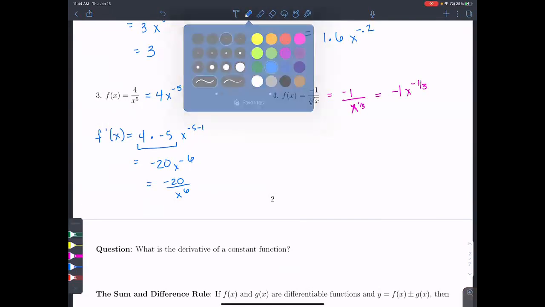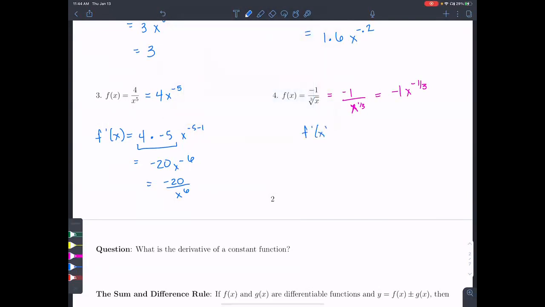So for the derivative, f prime of x, you would do that negative 1 times exponent down front, decrease it by 1, 1/3 minus 1. So you have those negatives cancel, you have just 1/3, x to the negative 4/3. I'm probably going to leave that alone, but you could push that to the bottom if you wanted to.